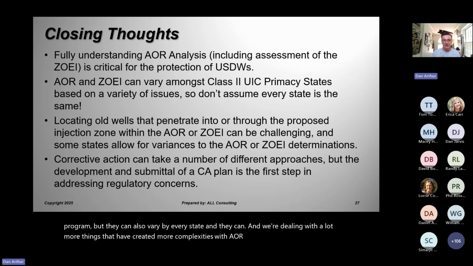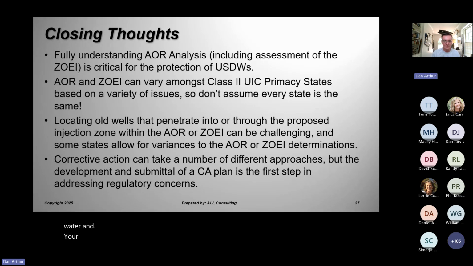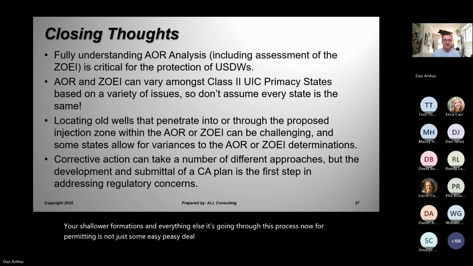If you're doing things in a lot of areas, and you need to get rid of a lot of water, and your shallower formations and everything else, going through this process now for permitting is not some easy peasy deal. So just keep that in mind.